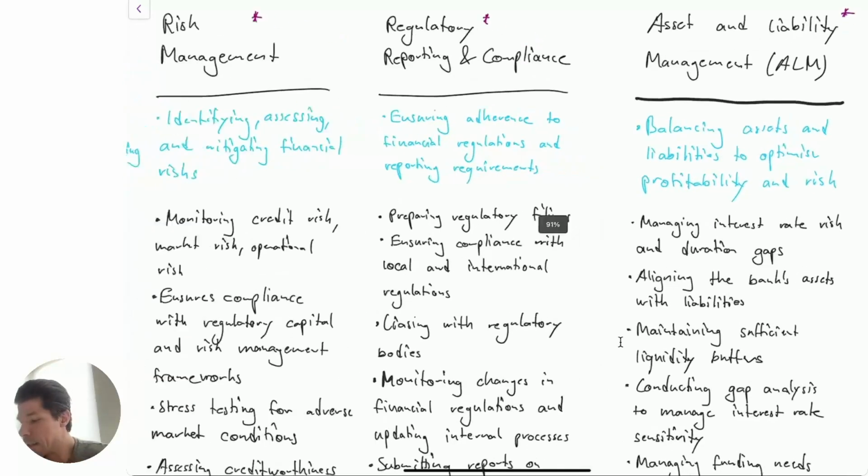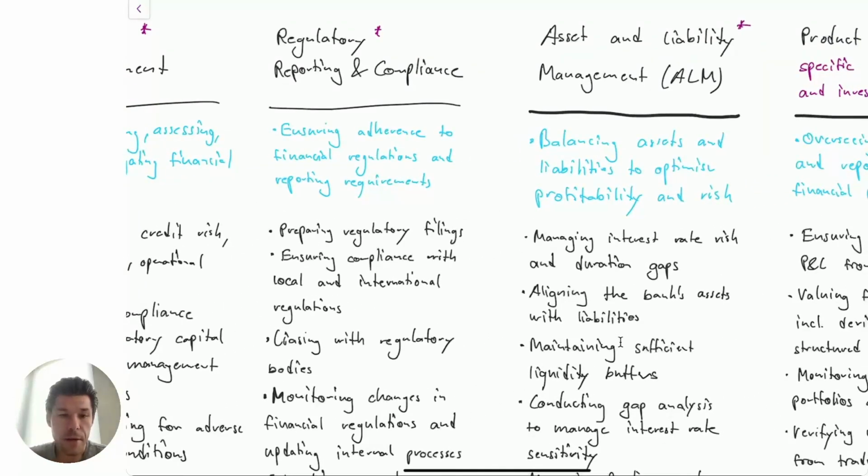Yeah, so a few different tasks. Then another one would be the regulatory reporting and compliance department. If you think about it, every organization has to comply with accounting regulations and tax regulations. That's why we have an accounting department and a tax department. But financial products and insurance products have additional regulatory requirements.